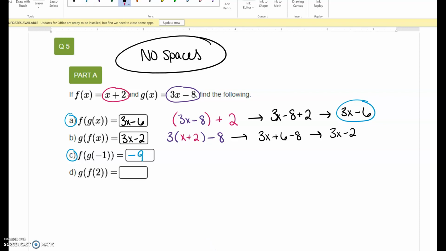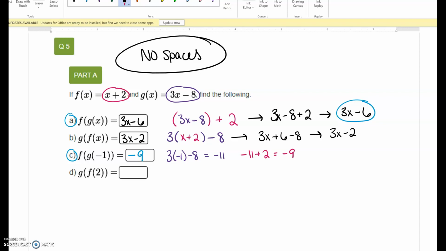The other way to do this is to start in the middle and do g of -1. So we do 3 times -1 minus 8. -3 minus 8 is -11. And then we would do f of that. So then we would do -11 plus 2, and that would give us our answer of -9.